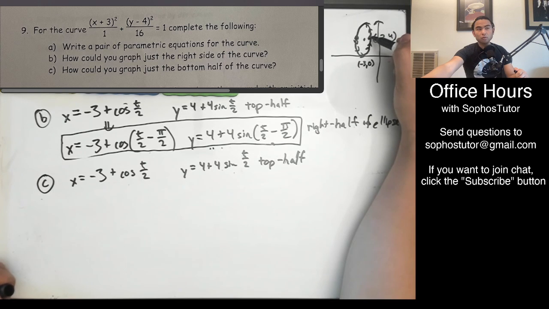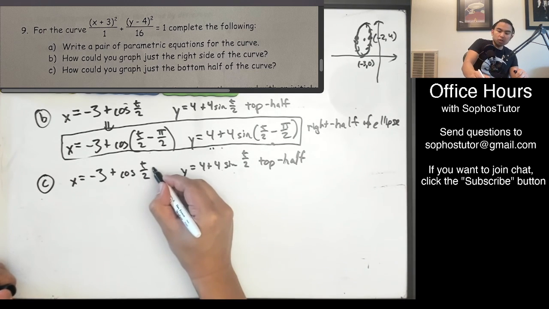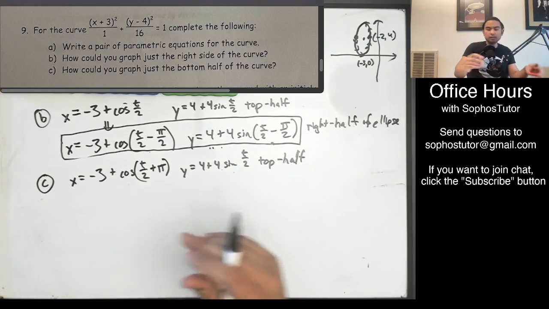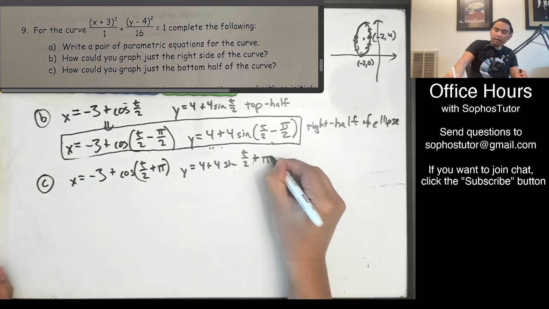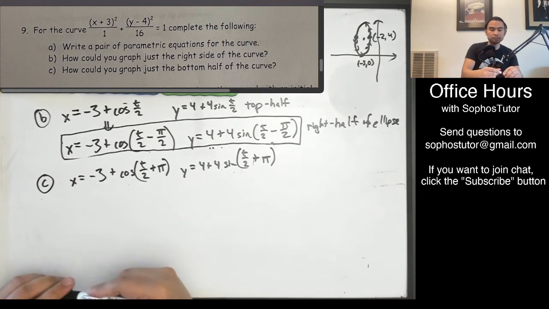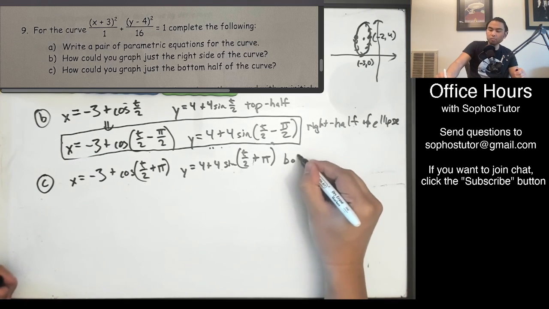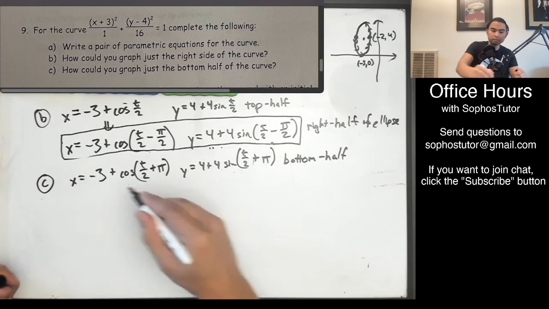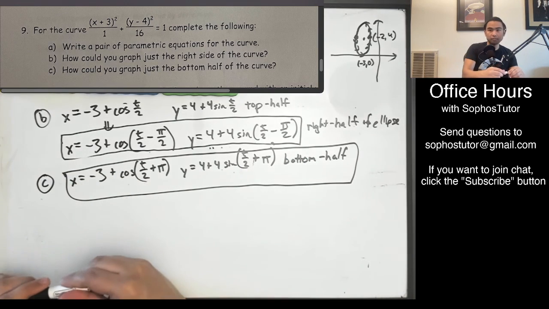Since our domain is 2 pi, that means we need to travel half of that 2 pi. So what we're going to do is add pi. Let me move this here, erase that. We're going to add pi to our parametrics. Right? So now instead of the top half, this is going to be our bottom half. Okay? There we go.